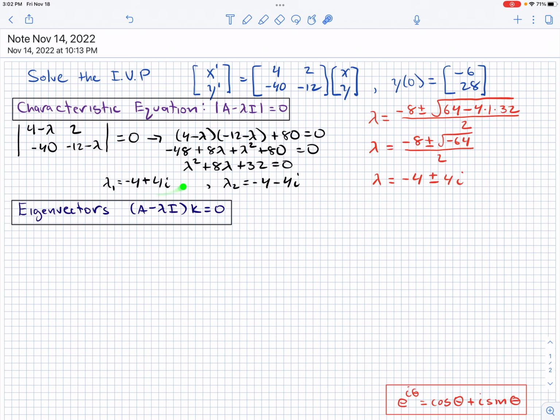And we will look at this. In this case, because we have complex roots for our eigenvalue, we only actually need to look at one. And I'm thinking this looks like the easiest one. So that is where we start to find our eigenvectors.